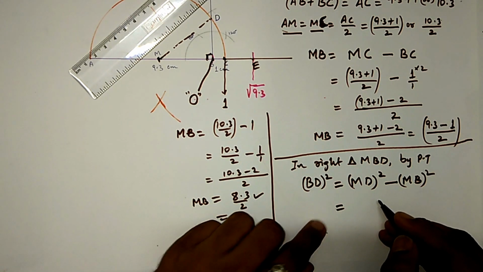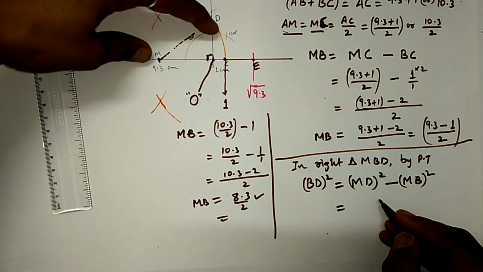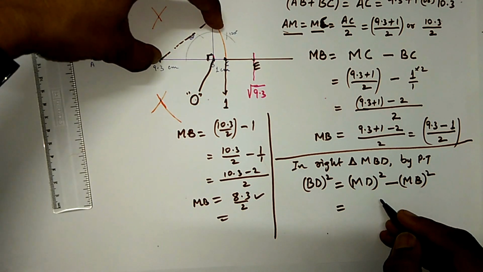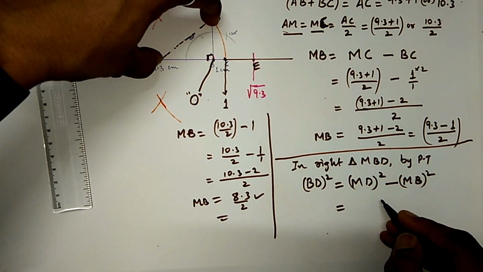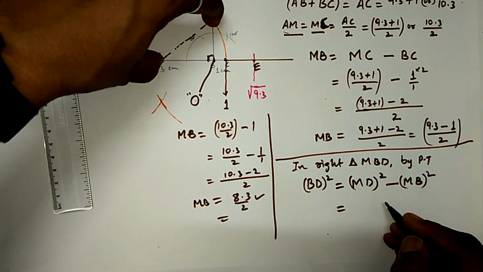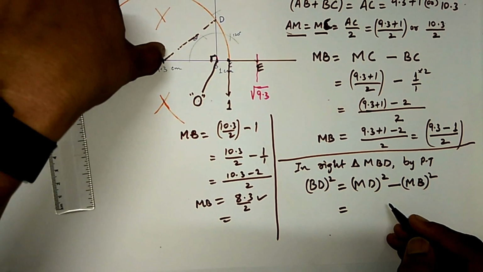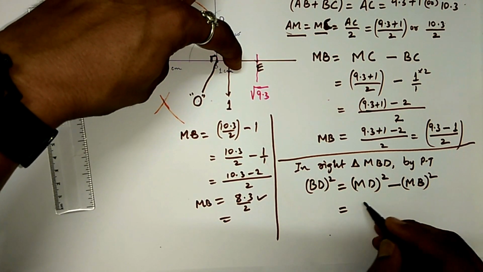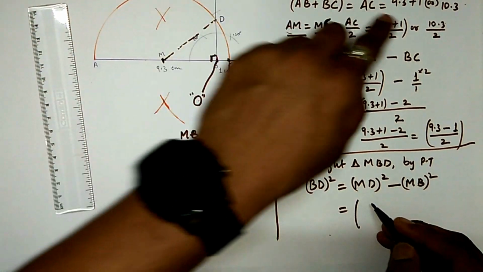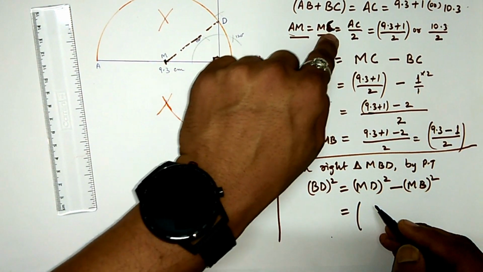What is this MD square? See children, MD is a radius of this semicircle, which will be definitely equal to MA or MC. Thus, I substitute MD as the length of AM.